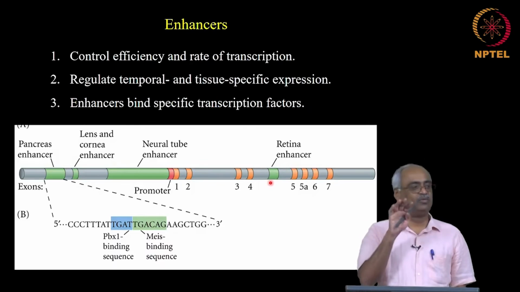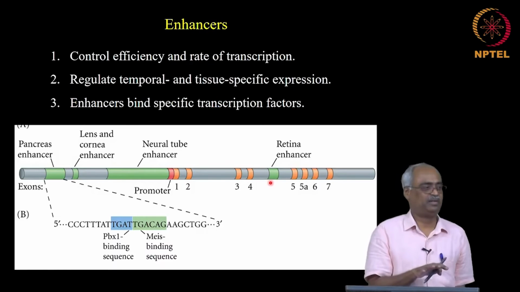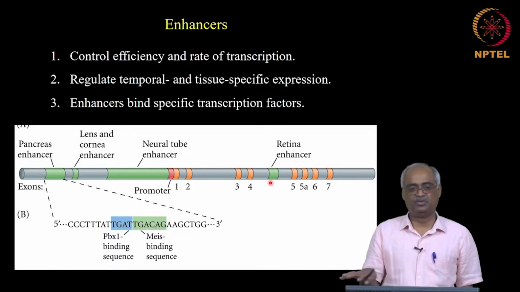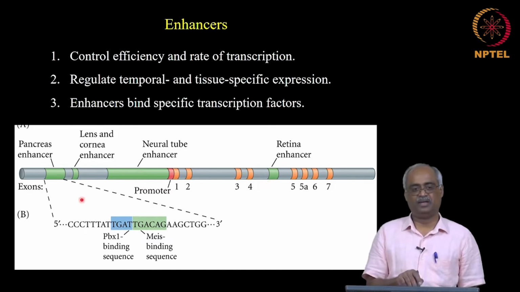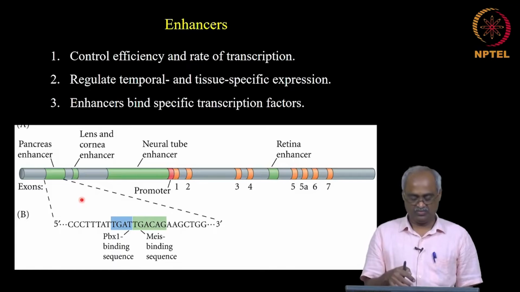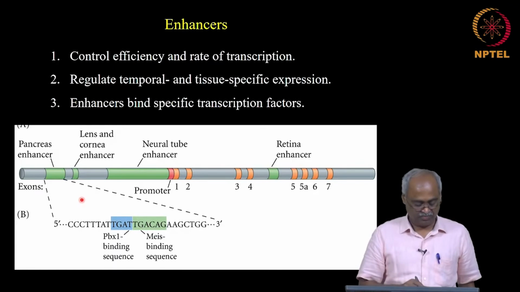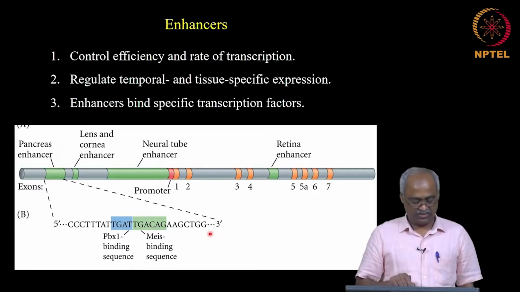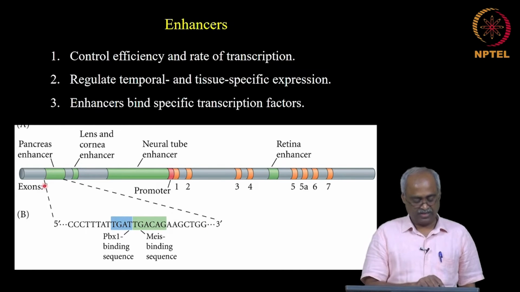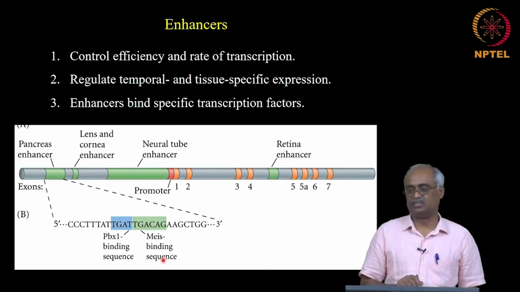So, you might have the core promoter, core transcription factor, everything, but you are not going to have transcription if you do not have these enhancers and then those enhancer specific transcription factors. Okay. So, we will see them one by one. This actual sequence tells you, in a part of this pancreatic enhancer sequence, where you see binding sites for 2 different transcription factors.